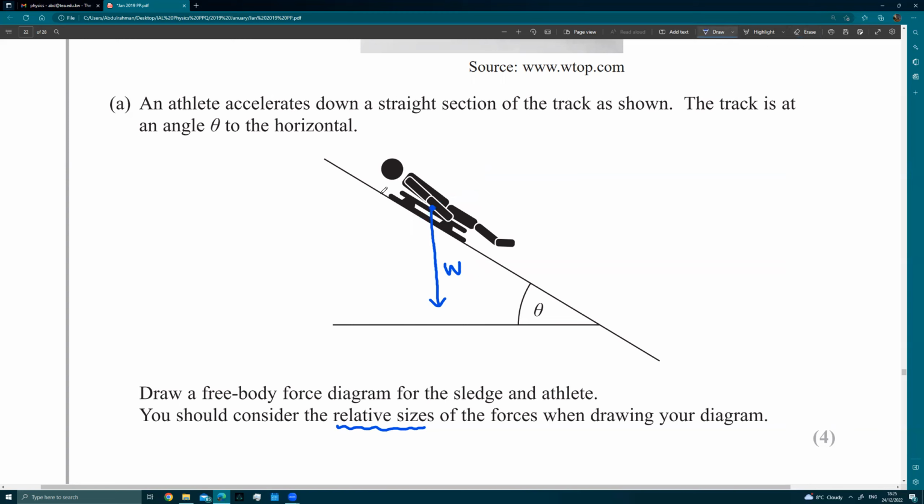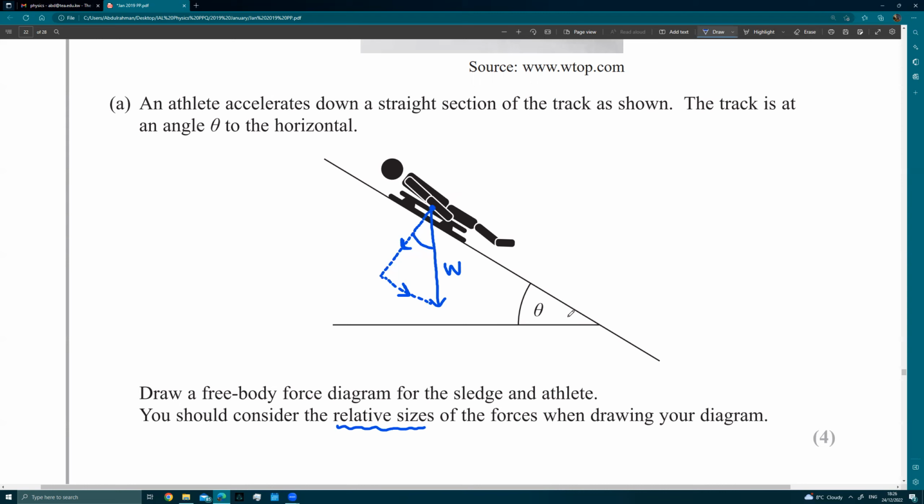To know the size of your reaction force, we need to first discuss what is the force acting downwards in this direction. And that will be the vertical component of his weight. So the weight has a component perpendicular to the track, so in this direction, and it also has a component parallel to the track. So basically, I resolved horizontally and vertically along the slope.